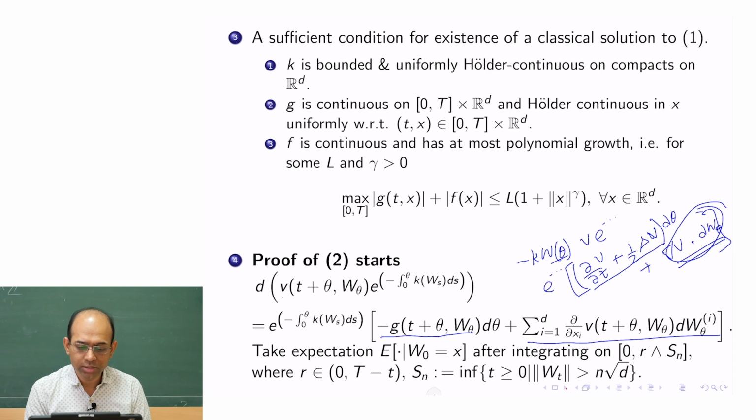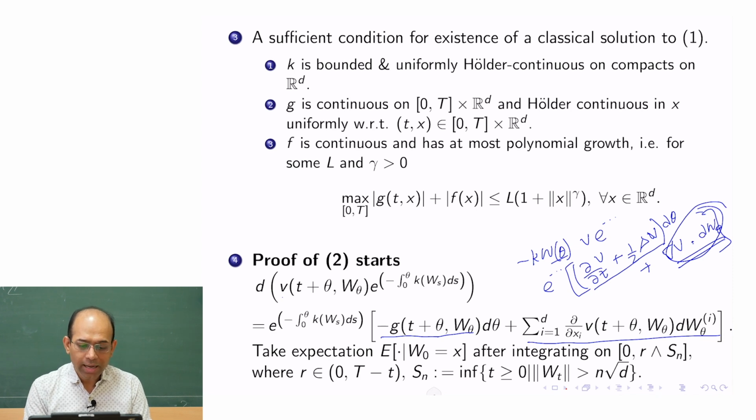Theta would be integrated from 0 to r minimum Sn, where r is a number between 0 and capital T minus small t, so that t plus theta becomes a number between small t and capital T. Theta between 0 and capital T minus small t implies small t plus theta is between small t and capital T.